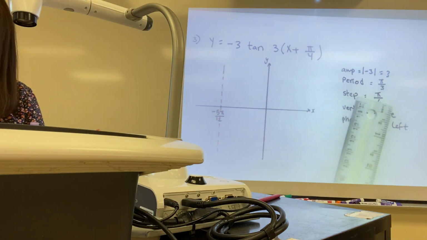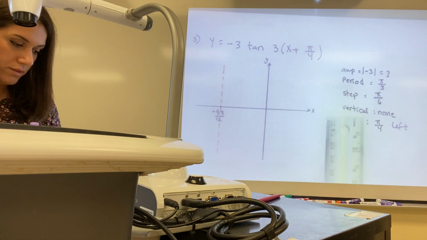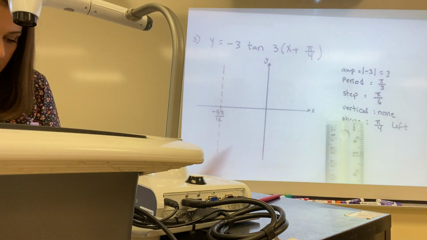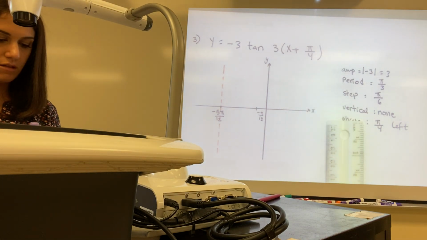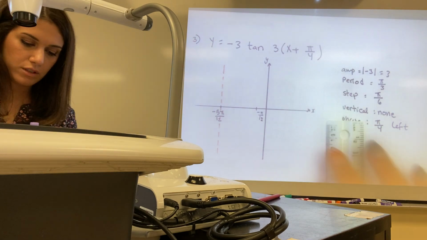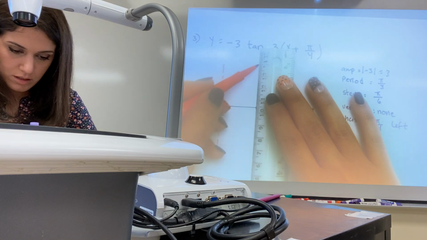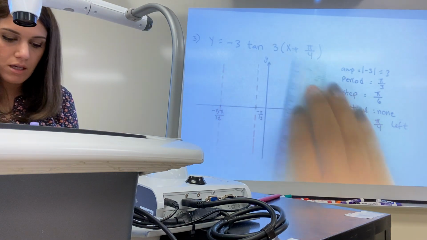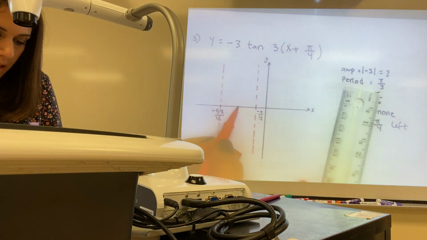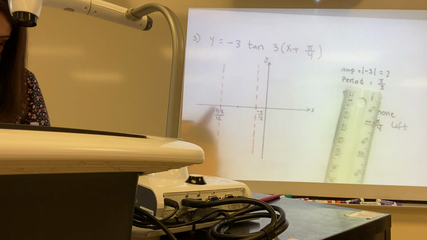Second one will be here, negative pi over 12. That's my other vertical asymptote. That's one period.